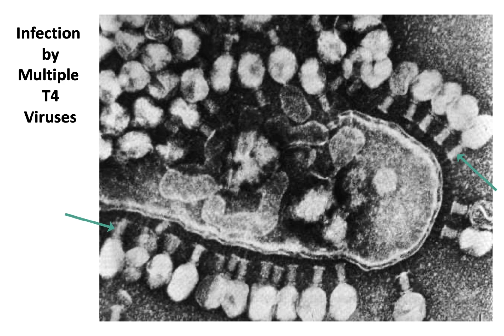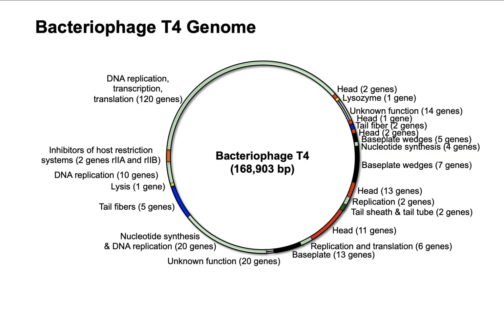Note that the tails are shortened, and that's because when it injects the DNA into the host cell, those tails shorten just like a little hypodermic needle. The genome of bacteriophage T4 and all T-even viruses is quite a bit larger than ΦX174, and this is a double-stranded DNA virus. In this case, it's about 169,000 base pairs.